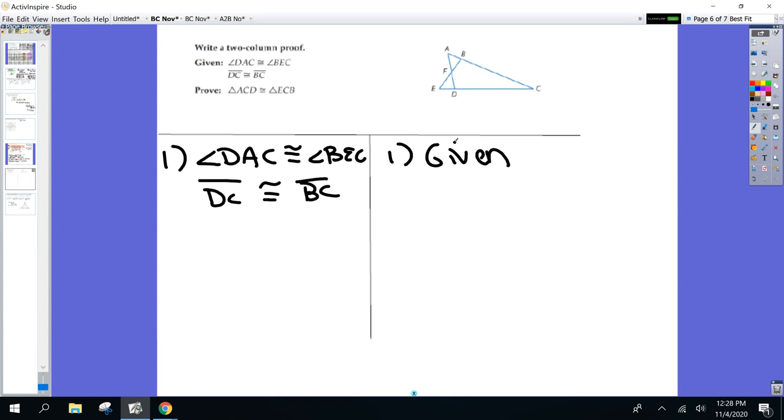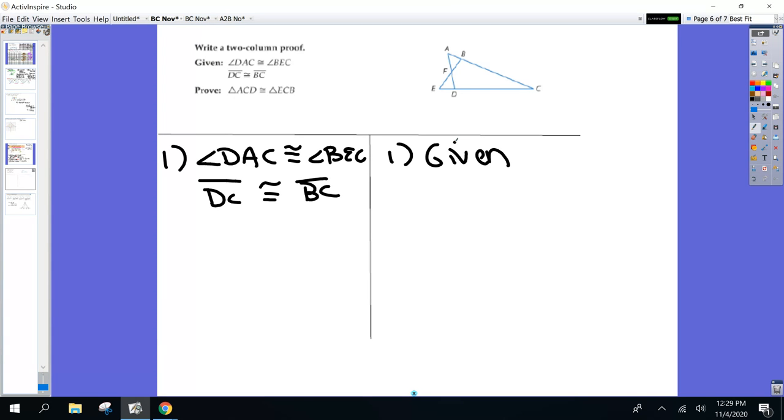First thing, after you write in your givens, check out the triangles you're proving congruent. Triangle ACD and triangle ECB. Whoa. They're kind of right on top. They're overlapping, aren't they? ACD and ECB. We've never had this before.